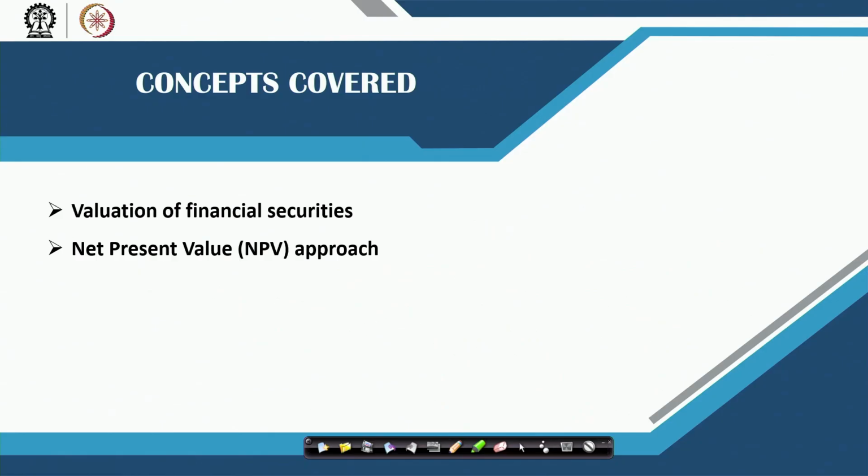The topics that we are going to cover today are the simple approaches of net present value and how the valuation decision making can be done using the net present value of different nature.